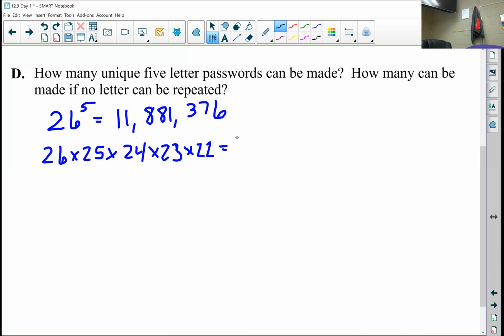That wasn't good. All right, so I got a little different answer than I'm seeing on the chat. I'm just double checking that I entered my numbers correctly. I got 7,893,600.